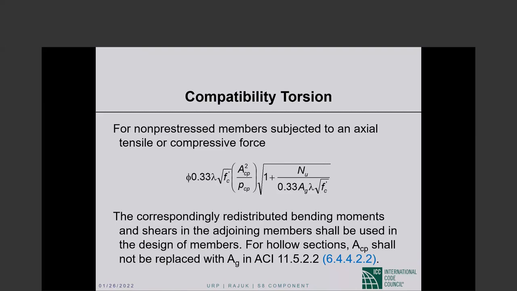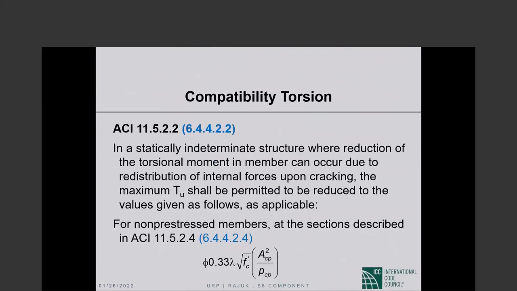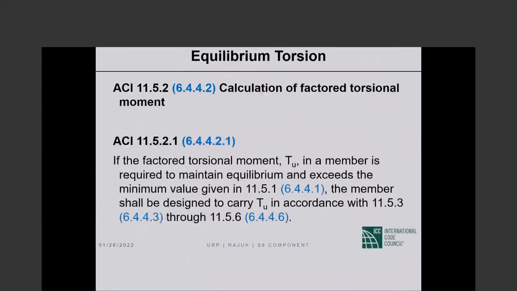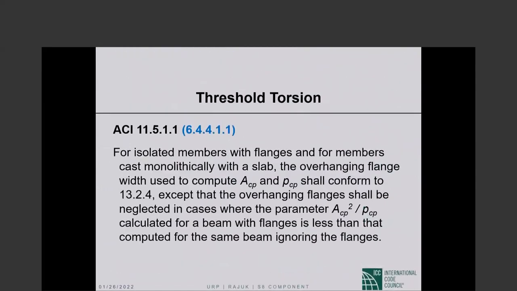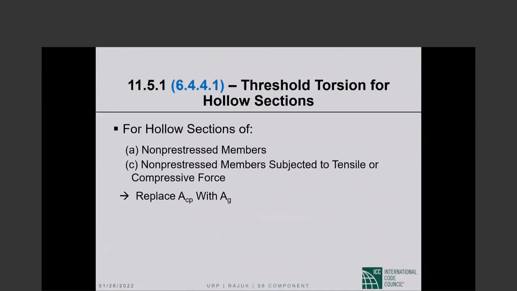Okay, so we said that you shall replace A sub Cp with A sub G in the calculation of the threshold torsion and so forth.